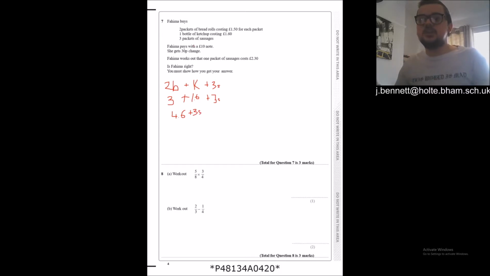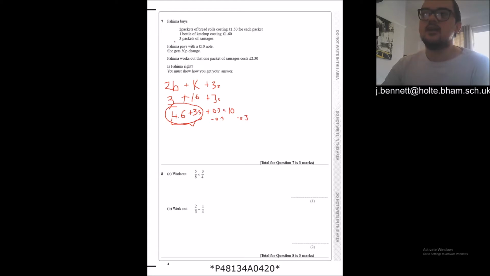She pays with a £10 note. She gets 30p change. This means that this big amount, if we add 30p to it, we get the total of a tenner. Because when we subtract 30p off both sides, we get this amount, which we're looking for.